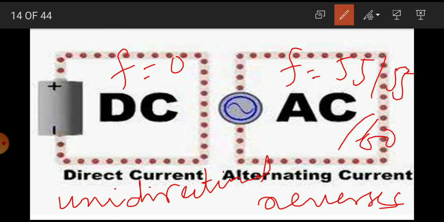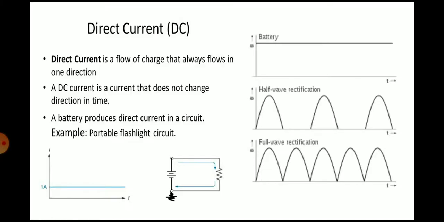DC is the unidirectional current, the current which flows in one direction. The cell and the battery used in mobiles are DC. The electrical energy at your home is AC.